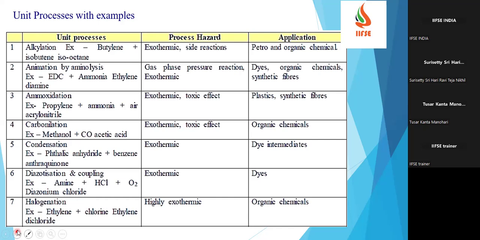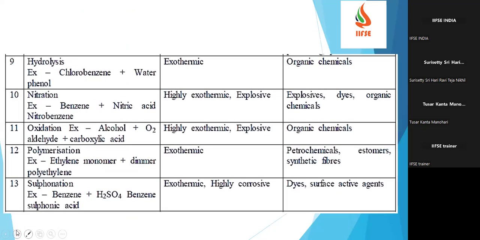Otherwise it will result in accidents. Then hydrolysis, again exothermic. Nitration is highly exothermic. Oxidation is highly exothermic. Polymerization is also highly exothermic, and sulfonation also exothermic. So in all reaction processes or unit processes, exothermic reaction is the hazard.